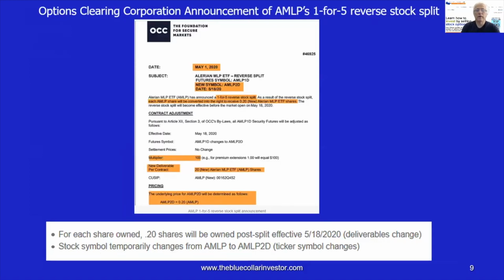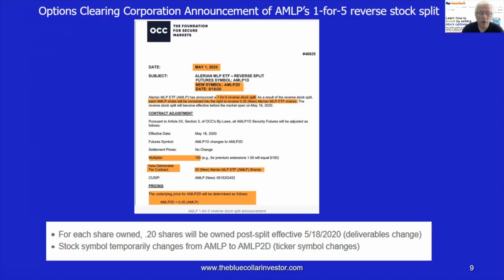So if you looked at the actual publication by the Options Clearing Corporation, you would see that they announced the 1-for-5 reverse stock split where for every share owned, you would receive 0.2, or 1/5, that amount of shares. So the deliverables changed. The multiplier stayed the same at 100, and there were 20 shares per contract deliverable after the reverse stock split.